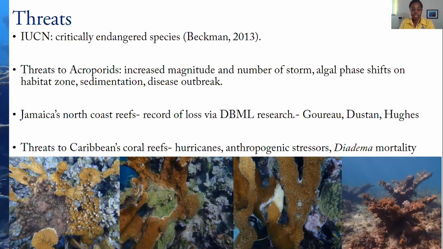The next picture beside it, where you see some green patches, that's actually a recently dead patch, based on the fact that we can still see some of the green algal turf still on it. The next picture to the right is actually an Acropora palmata colony, which has a disease on it. And the picture to the extreme right is a dead Acropora palmata colony. And that's what we don't want to continue here in our waters.